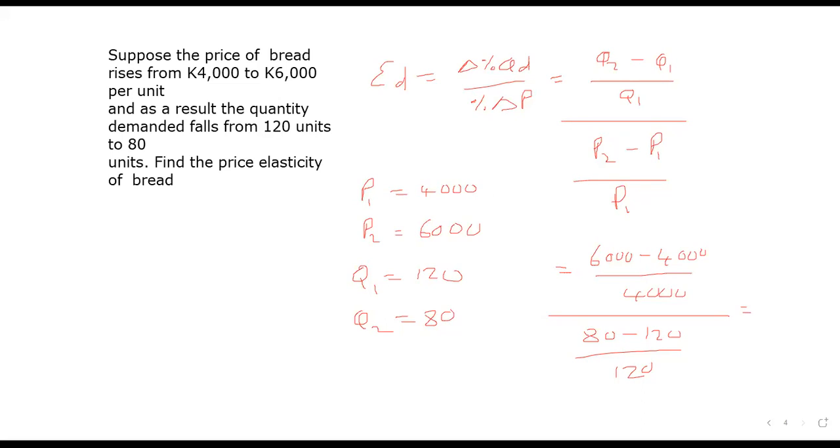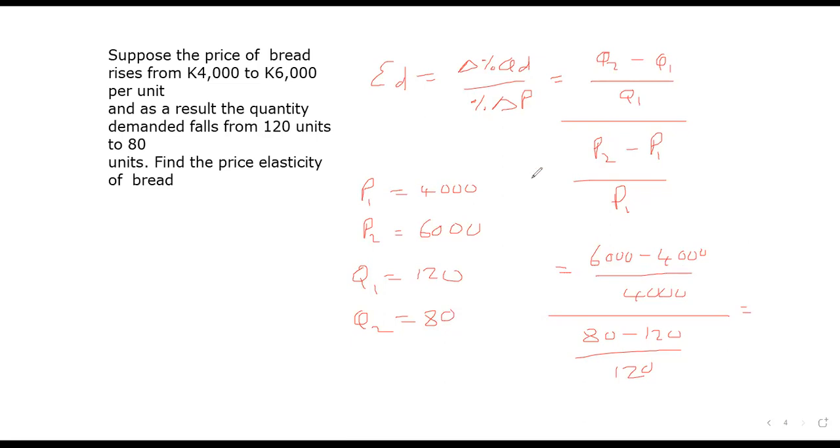Sorry, just to confirm, isn't the price supposed to be lower? Let's confirm. There's a question. Q2, I understand, is 80, so what you've put, 6,000 minus 4,000 over 4,000, should be the denominator. No, he's right.